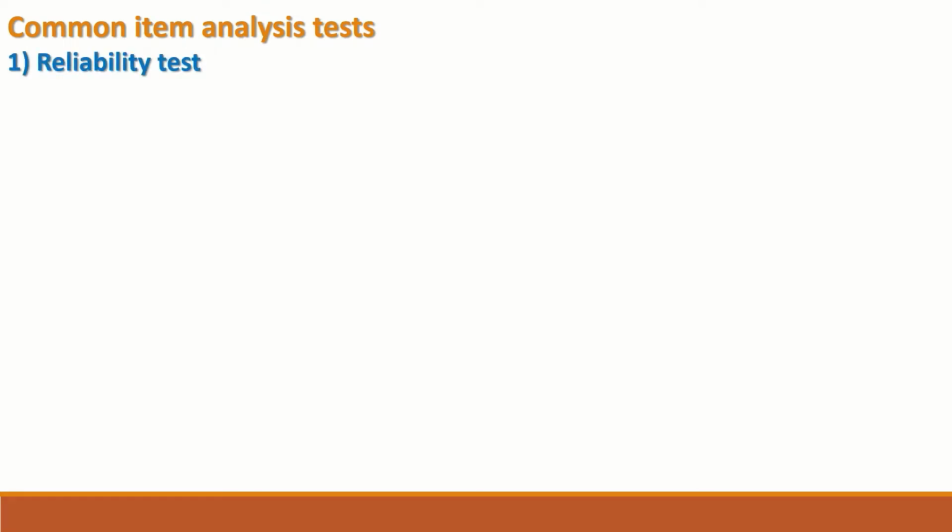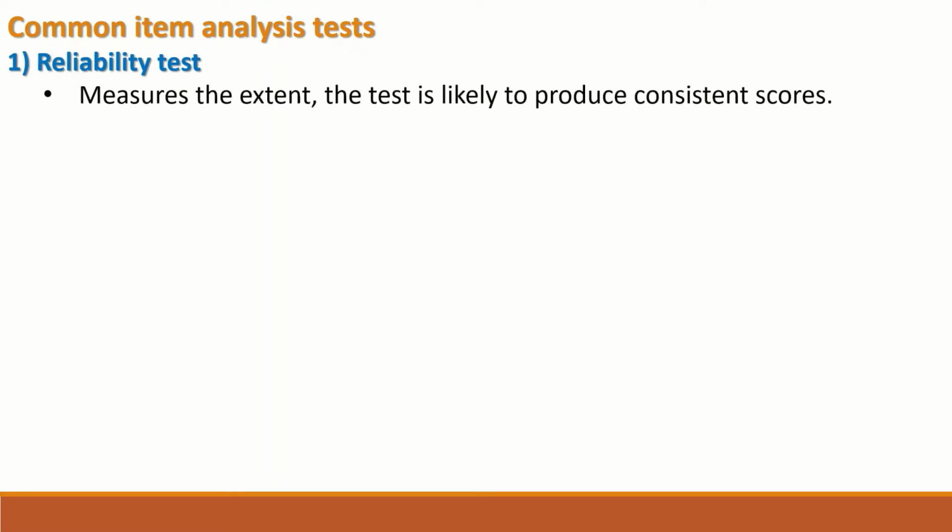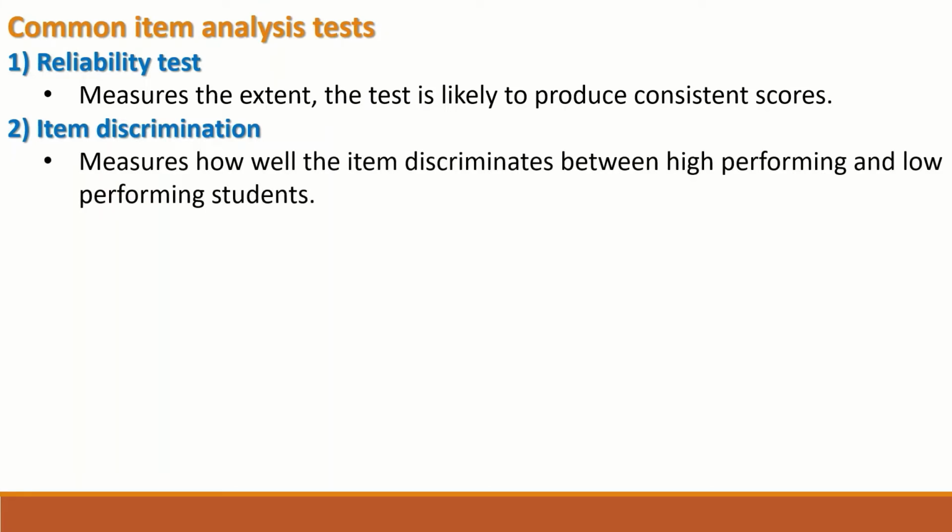The most common item analysis tests are the reliability test, which measures to what extent the test is likely to produce consistent scores if it is repeated at different dates and different times. The item discrimination measures how well the item is discriminating between high-performing and low-performing students.